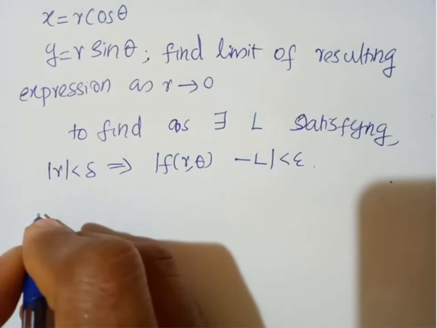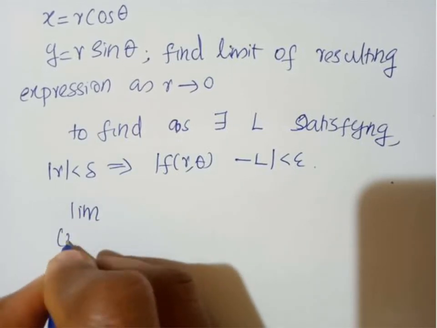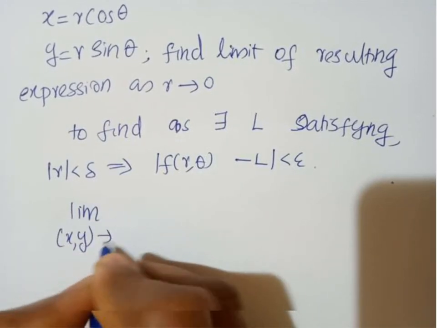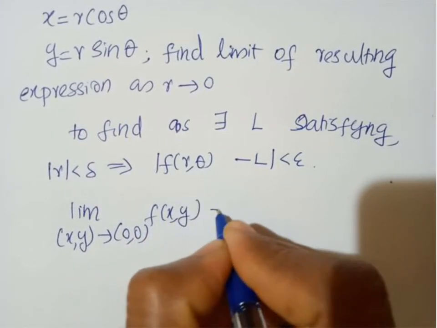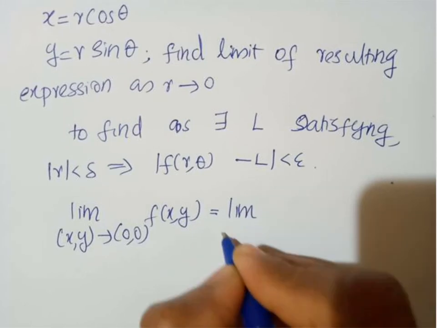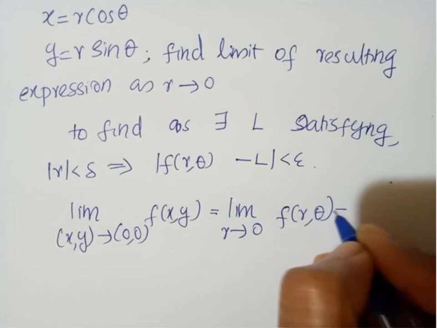If such an L exists, then the limit of f(x, y) as (x, y) tends to (0, 0) equals the limit of f(r, theta) as r tends to 0, which is equal to L.